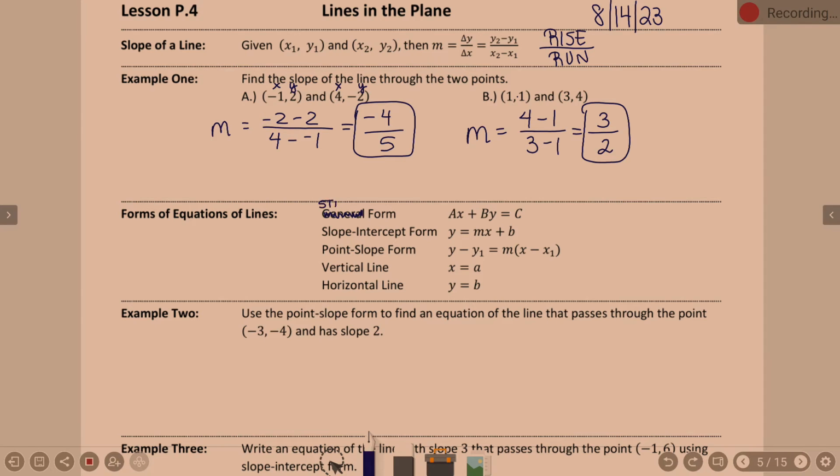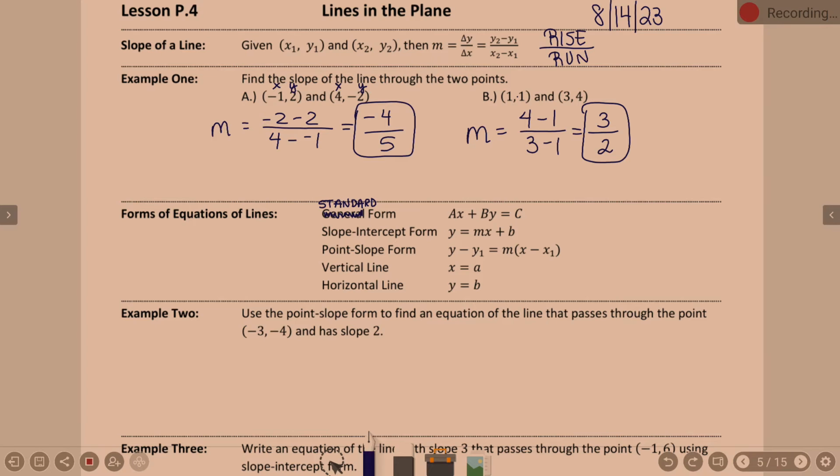What this should say is standard form. That should not say general form, but standard form, which is a form you're familiar with. AX plus BY equals C. We've used that a little bit. It's probably the form we use the least. But standard form, AX plus BY equals C.